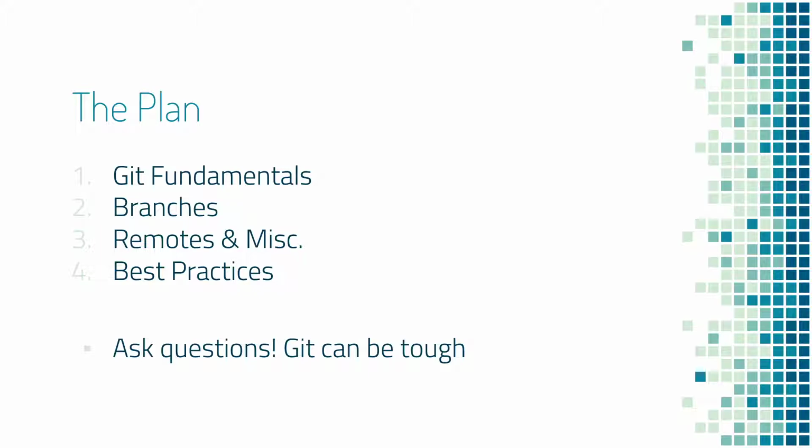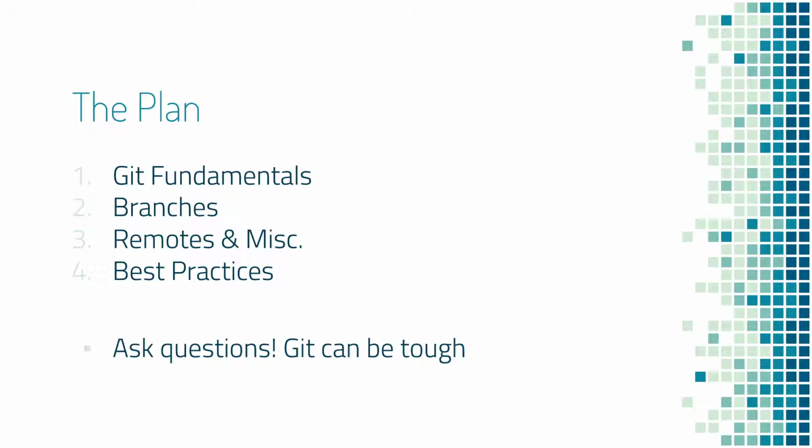So first, quick plan. I'm going to be going over a lot of different parts of Git. It's a pretty big system, but we're going to be going over mostly just what you need to know. So first we're going to go over the fundamentals of Git, how it works, the different building blocks of Git.